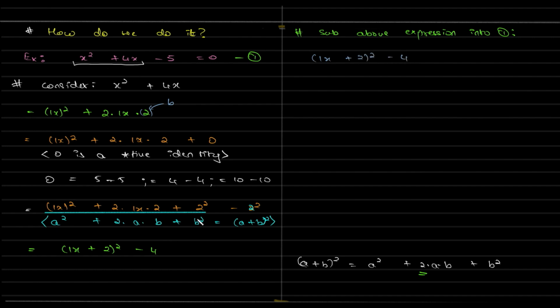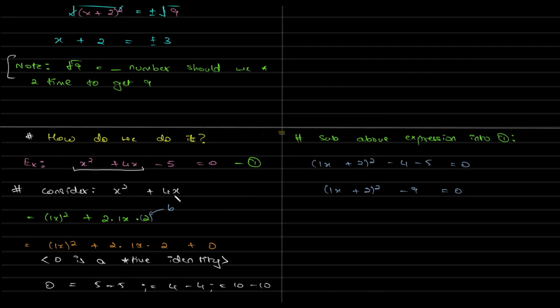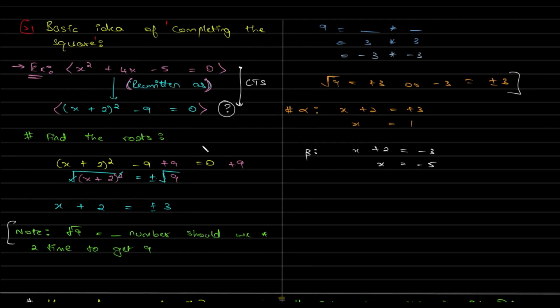In place of this, we are writing this, minus 5 is equal to 0. So 1x plus 2 the whole square minus 9 is equal to 0. And this is what we have over here. And this was the entire idea. So this is your basic idea of completing the square. If you want to pause over here, please do so.